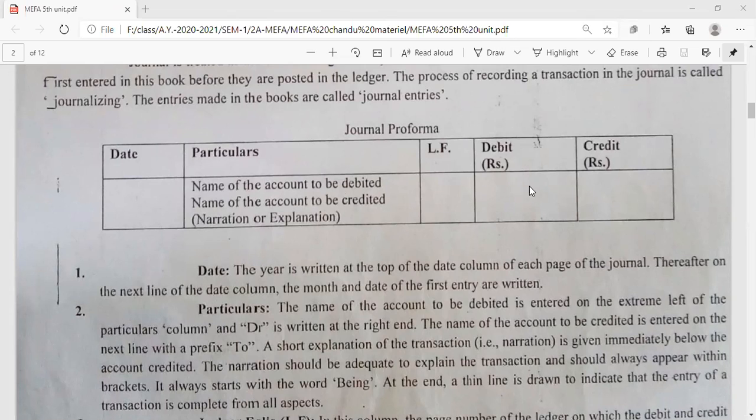You are debiting from the Andhra Bank account, and you have to write the name of the account to be credited. The person who supplied the raw material, that is the name of the company. You have to mention the name of the company with its address, and give the explanation or narration here.